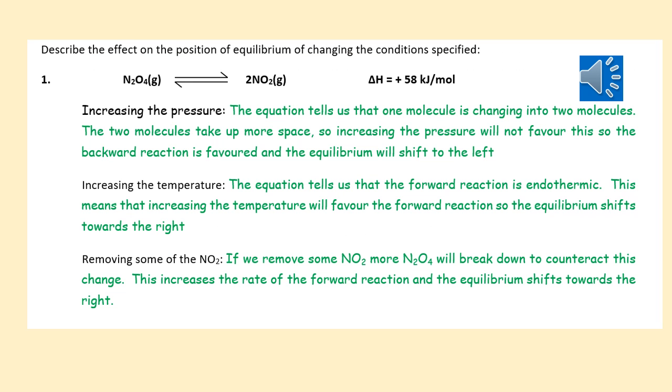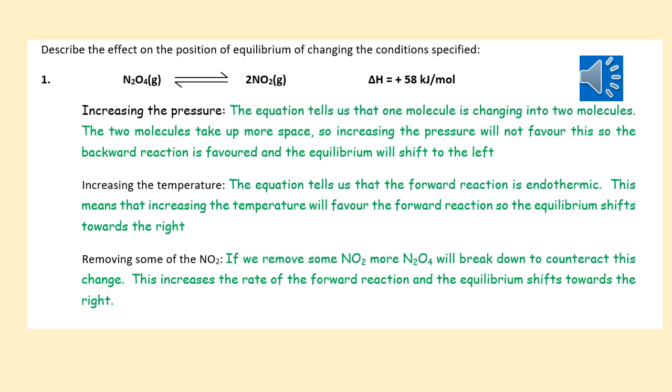So this is exactly the sort of question you might get at GCSE, and this would be aimed at the people getting the highest grades. We've got here a reaction: N2O4, that would be nitrogen oxide, in equilibrium with 2 NO2, which is another nitrogen oxide.